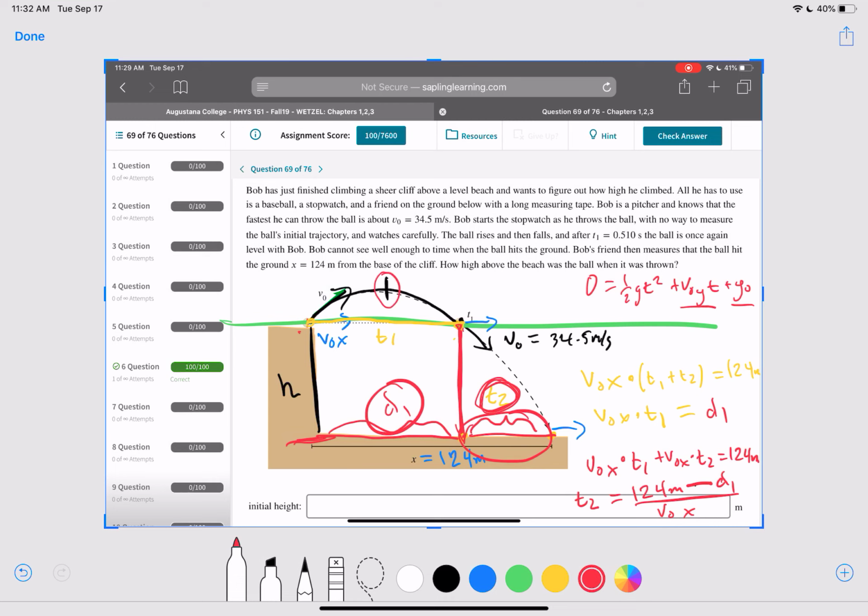It's 0.51 seconds to go up and down, so half of that, 0.51 over 2, is the time to go up. Then v final is equal to v0 plus at, so you can say v0y is equal to at, where t is 0.51 seconds over 2 and your acceleration is 9.8. So you can get v0y, which is the same v0y here, and that's the v0y you put there, and boom, you solve for what y0 is, the height of the cliff.